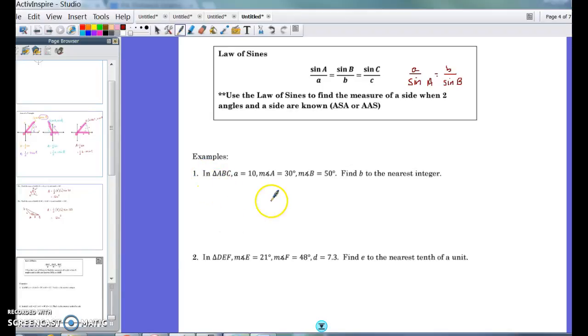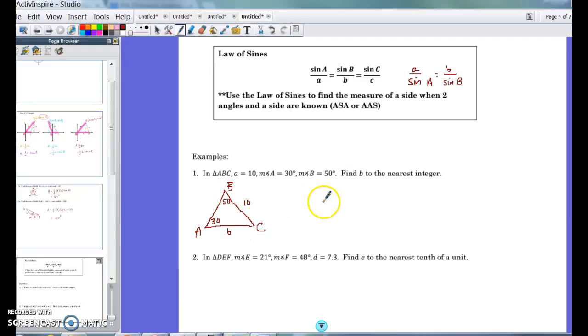So the first example here, triangle ABC. Now, like I said, always, always, always draw yourself a picture, because that is going to be super helpful to you visually, so you can see what's going on. So triangle ABC, side a, that's opposite angle A, is 10. The measure of angle A is 30, and the measure of angle B is 50, and it says to find b.